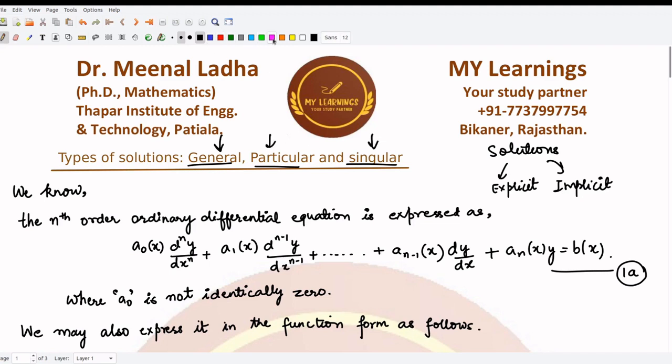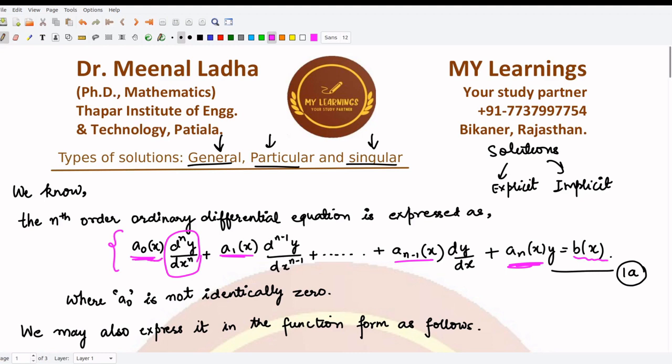You already know the nth order ordinary differential equation is given like this: a0(x) d^n y/dx^n plus and so on, where a0(x), a1(x) up to an(x) are all functions of x. Also, b(x) is a function of x, and these are the n derivatives.